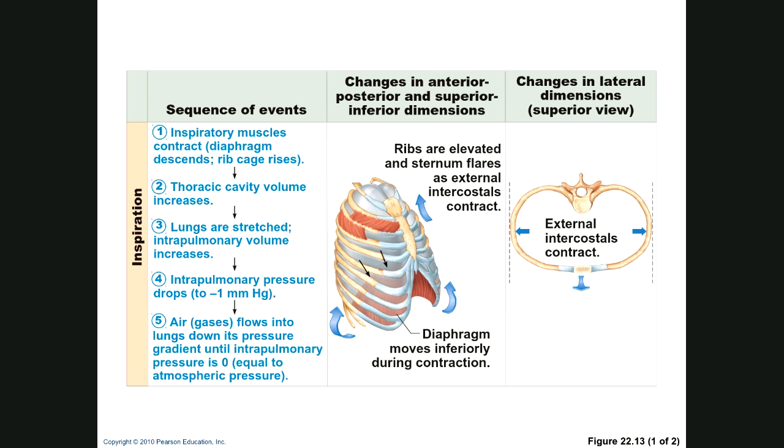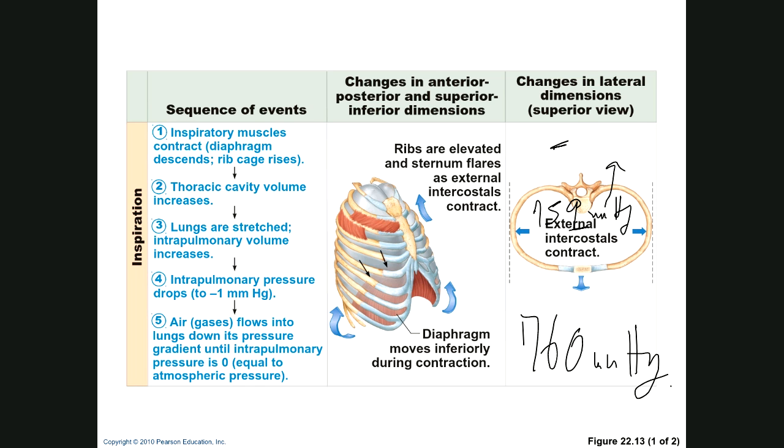Outside, the pressure is 760 millimeters of mercury. Inside, when the rib cage has expanded, the pressure is going to be 759 millimeters of mercury. So it's 1 millimeter of mercury less. So instead of calling it 759 millimeters of mercury, sometimes it's just called -1 millimeter of mercury. And what they're really saying is 1 millimeter of mercury less than atmospheric pressure.